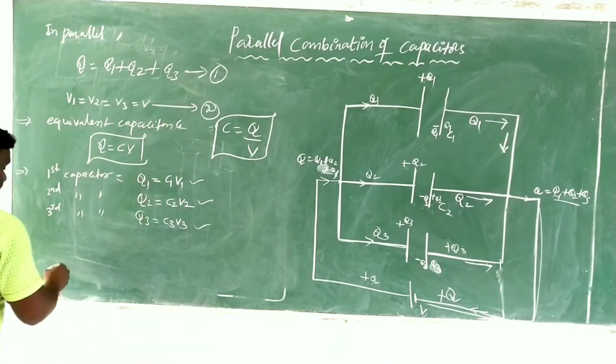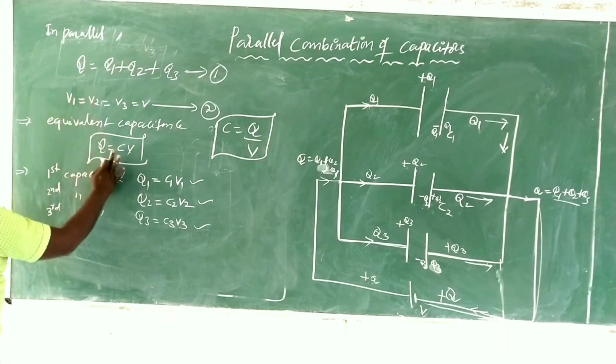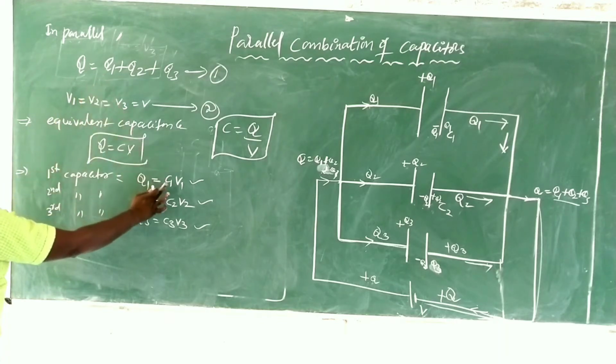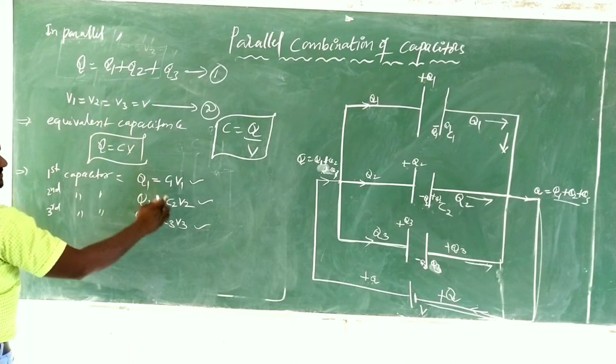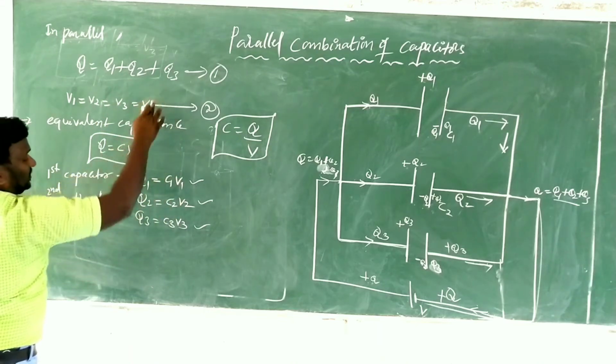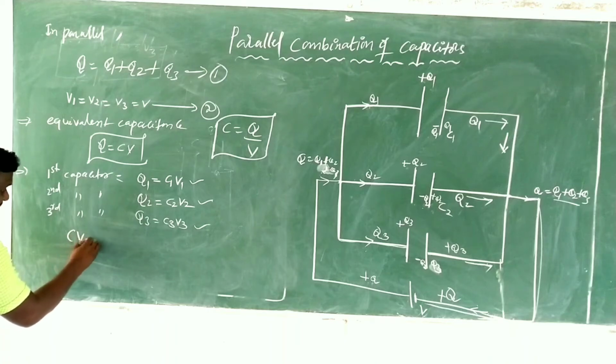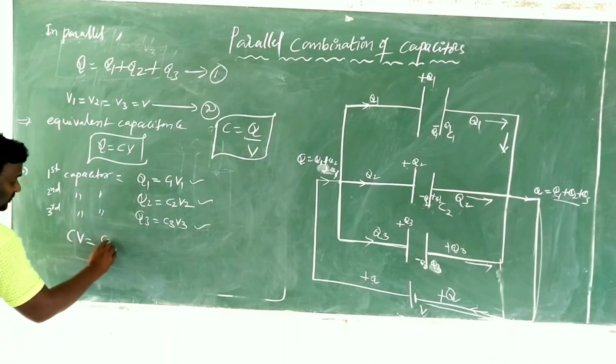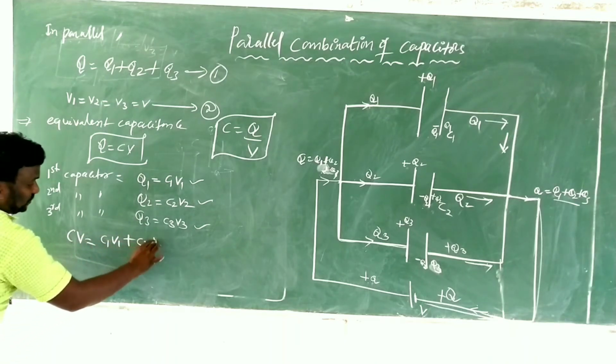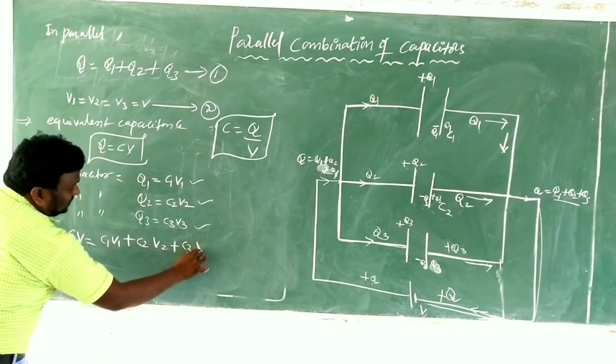I am substituting there. Q means CV. Q1 means C1 V1. Q2 means C2 V2. Q3 means C3 V3. Then CV is equals to C1 V1 plus C2 V2 plus C3 V3.